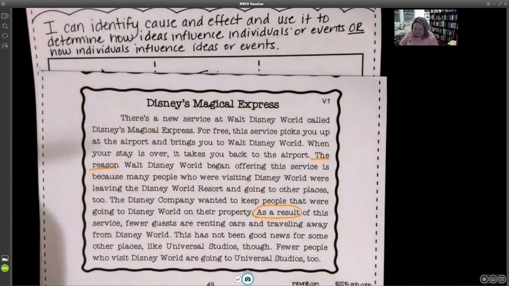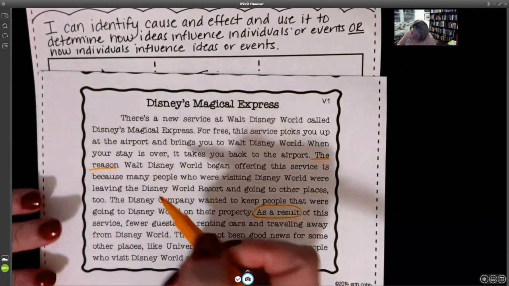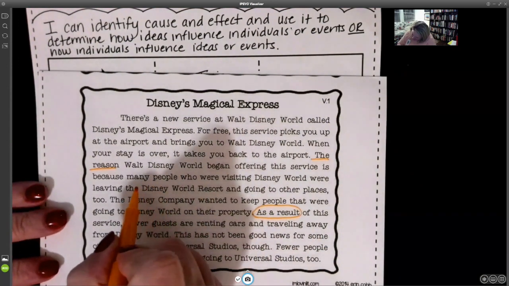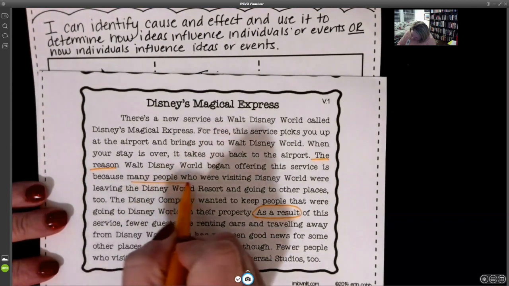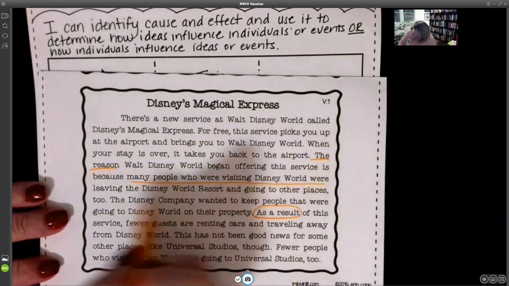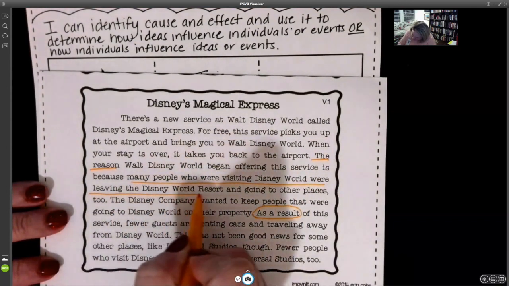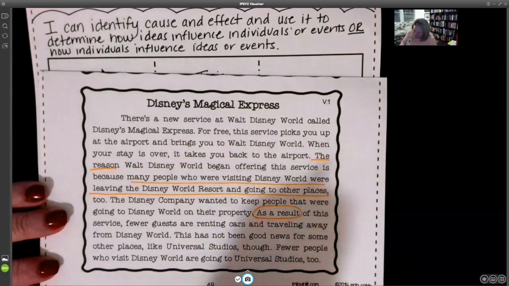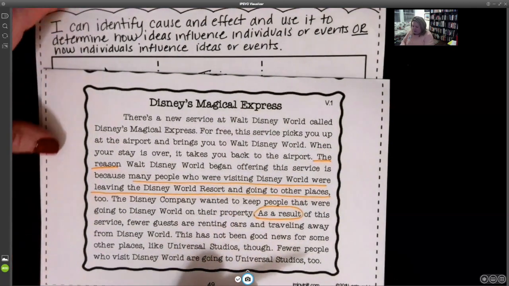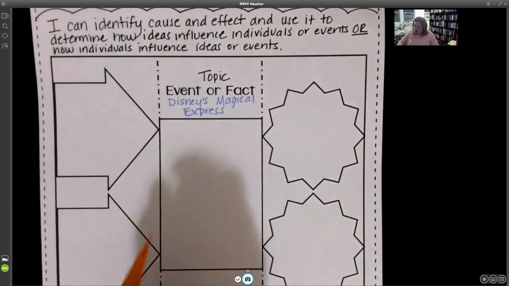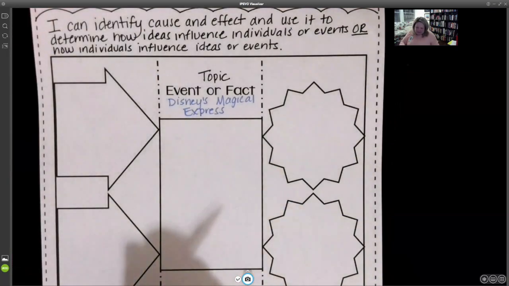I think my first cause we've got is many Disney visitors also visited other resorts in Orlando. So if you see, many people who were visiting Disney were leaving the Disney World Resort and going to other places. So that is one cause for Disney's Magical Express.